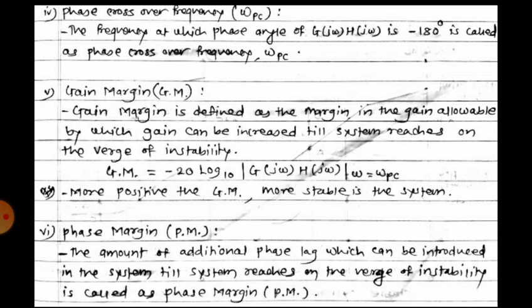Gain margin, GM, is defined as the margin in the gain by which the gain can be increased till the system reaches the verge of instability. So the more positive the GM, the more stable the system. And phase margin is the amount of additional phase lag which can be introduced in the system till the system reaches the verge of instability. You can see all these parameters in a Bode plot.